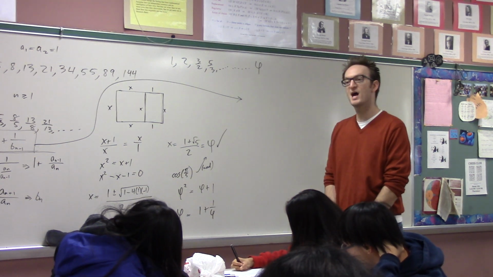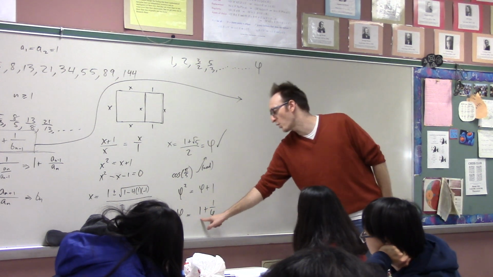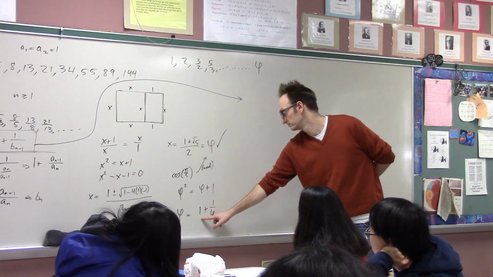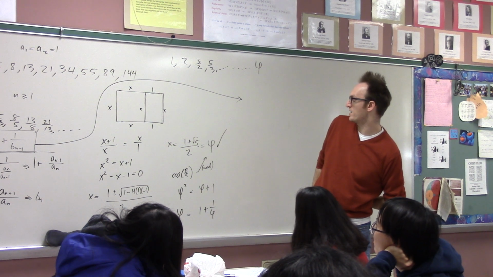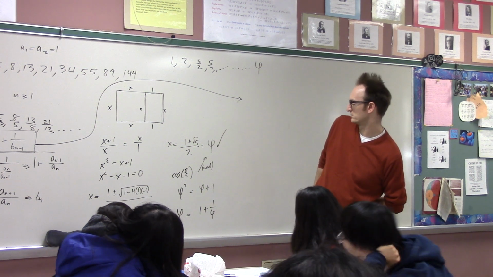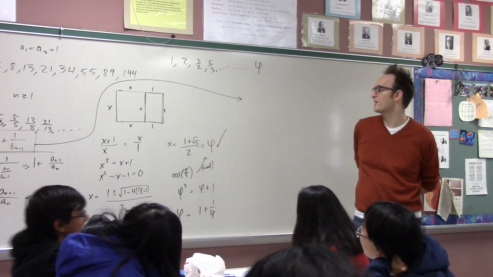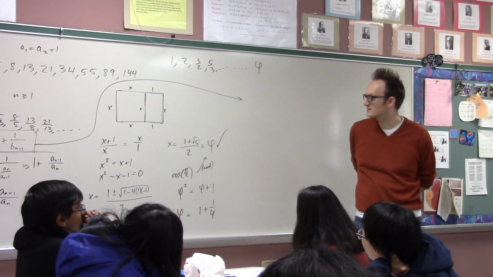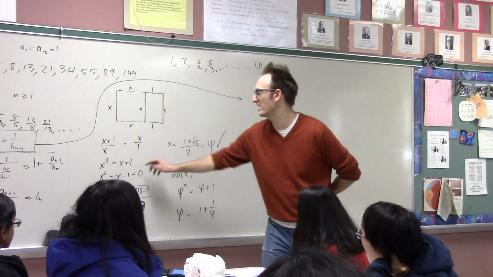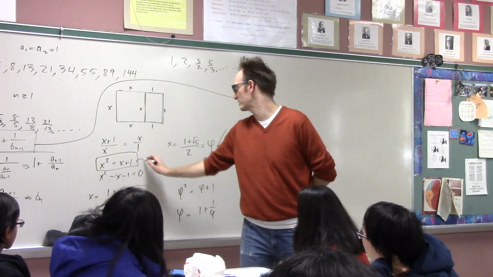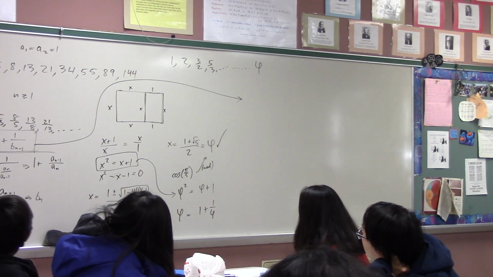In other words, phi is the unique number which is 1 more than its own reciprocal, and 1 less than its own square. Of course, this comes right from here, since phi is the solution to this equation. That's why it has that property, because it satisfies that equation.